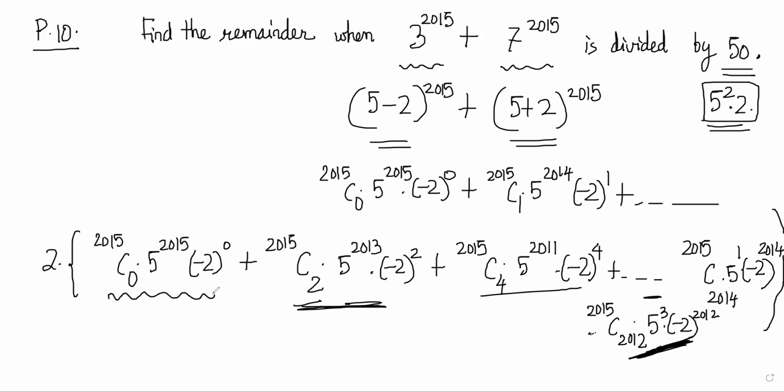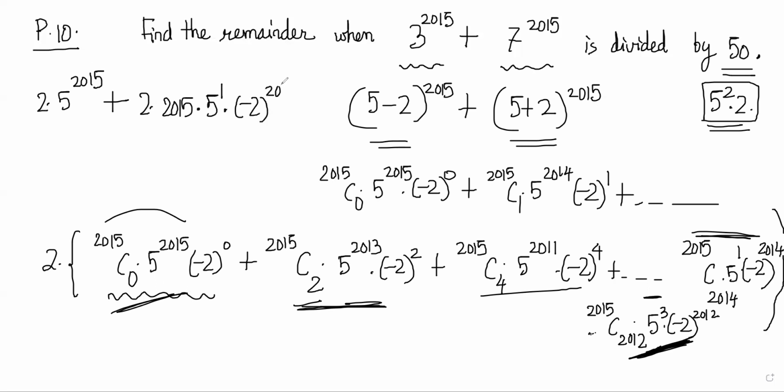This is not 0 mod 50 yet, right? So what we have to worry about is the first term here and the last term here. So let's write them, but notice that you have a 2 outside also. So 2 times 5 power 2015 is the value of this term, plus the last term. So 2 times, that is 2015 times 5 power 1, and there is minus 2 power 2014, right?